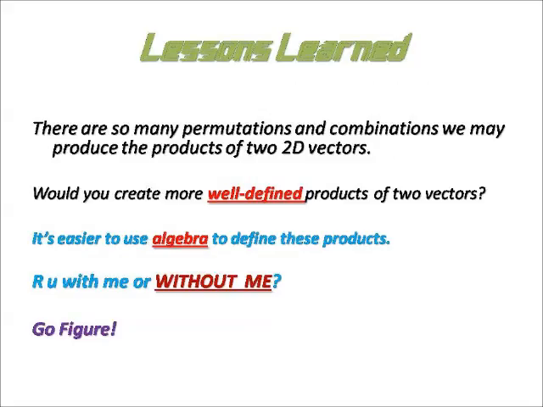There are so many permutations and combinations we may use to produce the products of two 2D vectors. Would you create more well-defined products of two vectors? It's easier to use algebra to define these products. Are you with me or without me? Go.